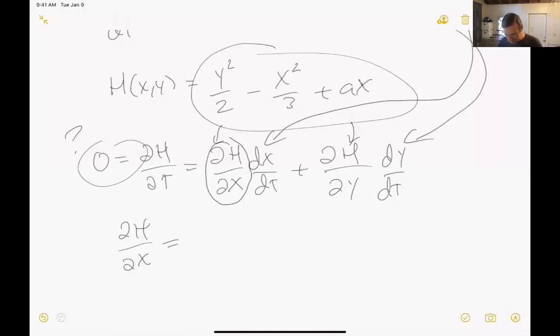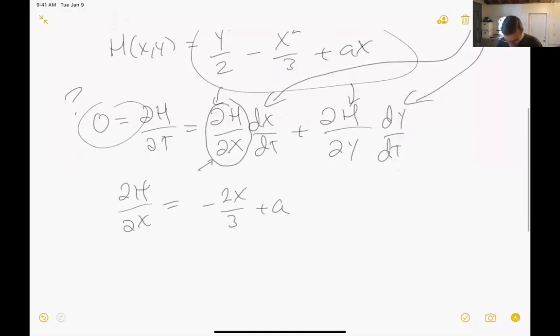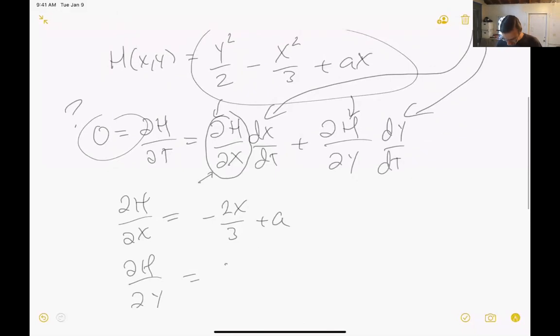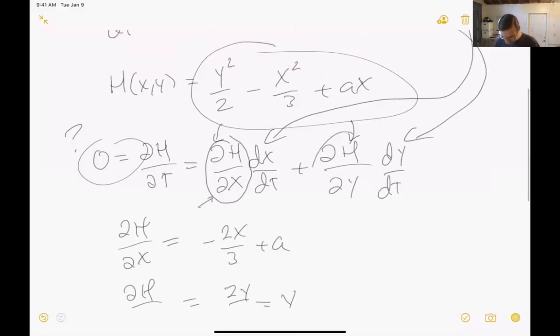We differentiate x squared over 3 with respect to x, we get minus 2x over 3. And ax gives us a. Okay, so that's this bit of it. We also need the partial of H with respect to y. That's just 2y over 2, which is just y. Okay, and that's this bit of it.